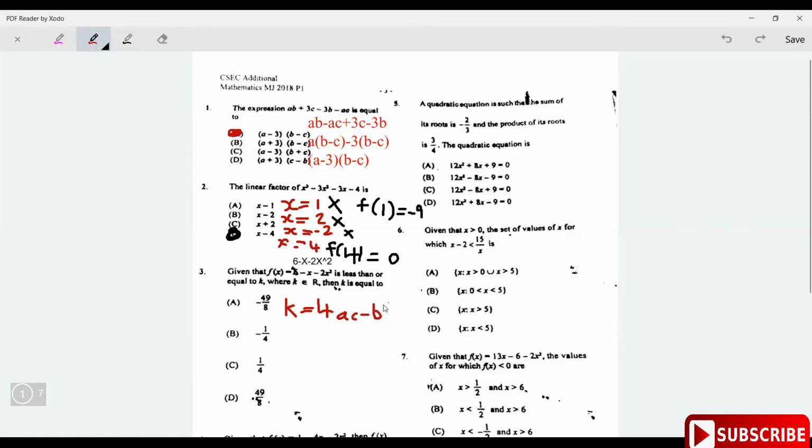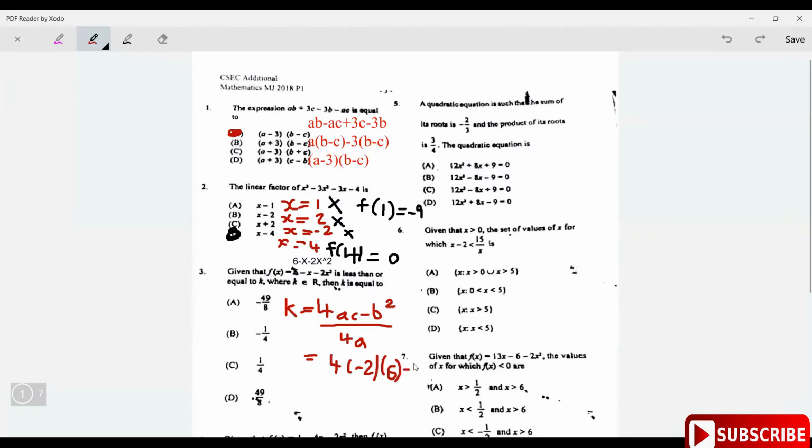So what you're going to do is plug in the a value. A is negative 2, so k is equal to 4 times negative 2 times your c value, which is positive 6, minus b squared.